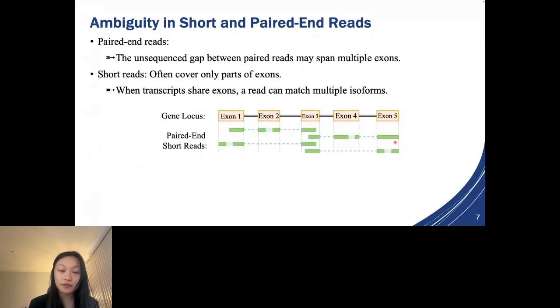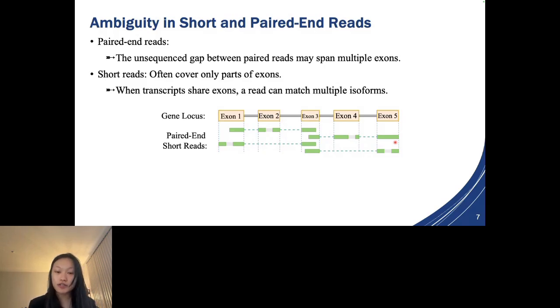Let's go into the ambiguity problem, which is the center of the challenge of transcript reconstruction. First, with paired-end reads, the unsequenced gap between the mates is a problem. If the gap spans multiple exons or splice sites, we don't have direct evidence of the path that the transcript took between the two sequenced ends.